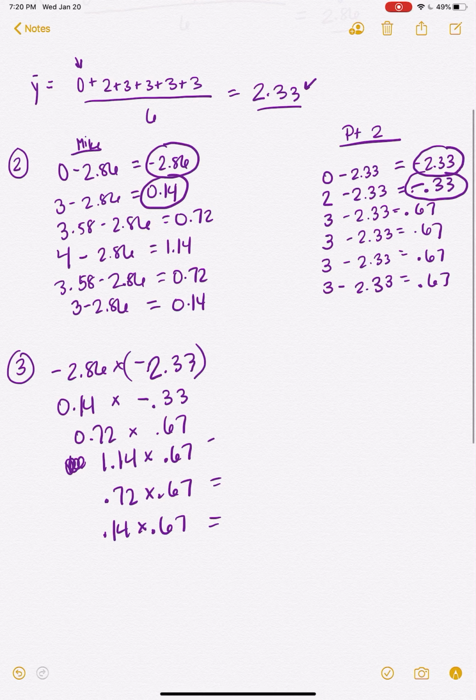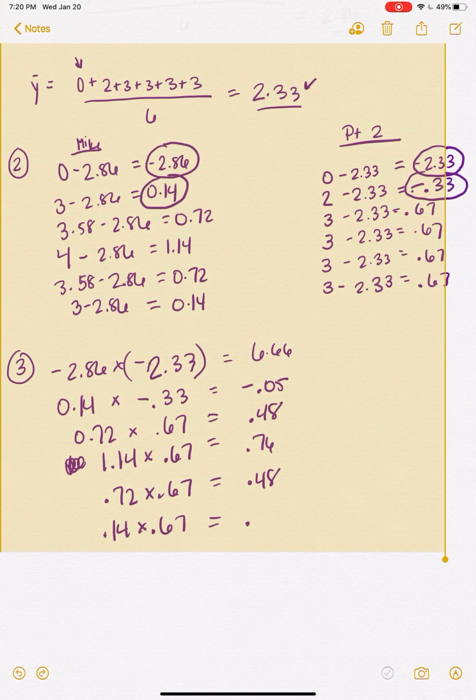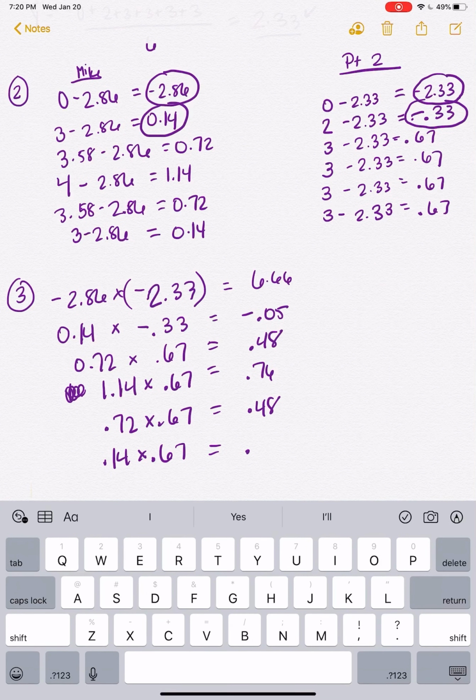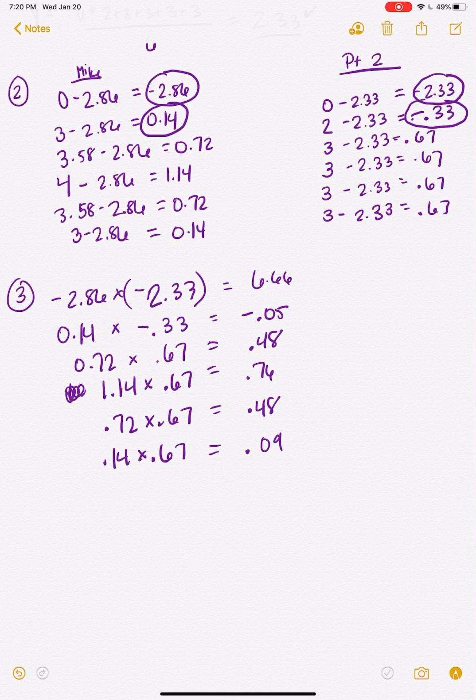Then I'll get all of my answers here: 6.66, negative 0.05, 0.48, 0.76, 0.48, and 0.09.